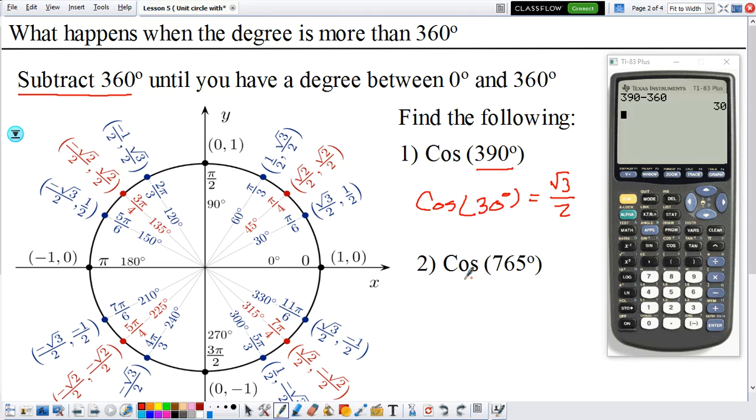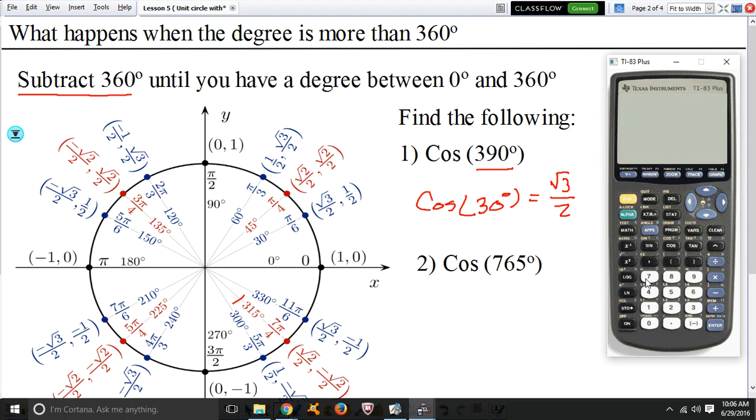So let's do some more examples. Now, we want to find the cosine of 765. We notice that 765 is not on your unit circle. It's greater than 360. So what we have to do here, let's get our calculator, is 765 minus 360. That is equal to 405. But still, 405 is greater than 360. So we have to subtract 360 again.